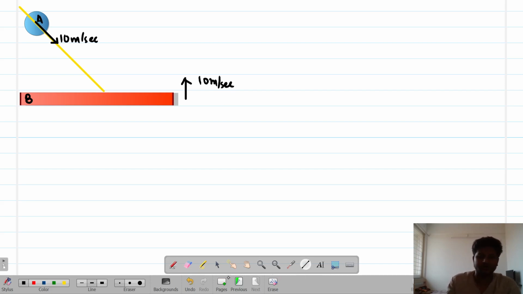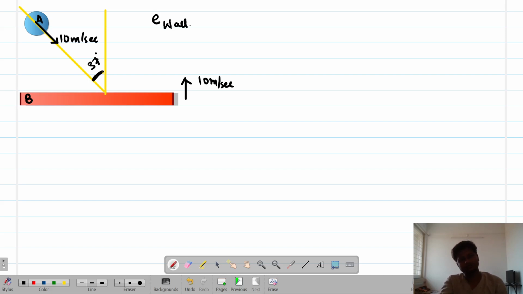It is also given that the angle of inclination over here is basically 37 degree, and E between wall and ball is exactly equal to 1 by 2. Then find the velocity of ball after collision.